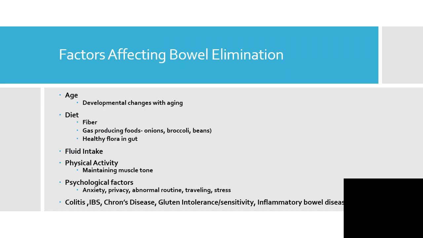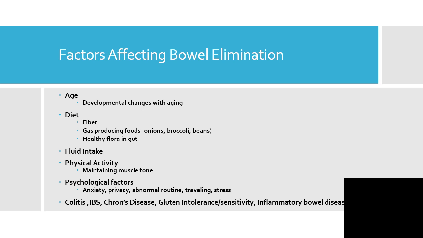Just like bladder function, there are many factors that affect bowel elimination: age and the developmental changes with aging, a patient or a person's diet, how much fiber is in their diet, do they eat a lot of gas-producing foods such as onions, broccoli, beans, do they have enough healthy flora in their gut, how is their fluid intake. Physical activity helps maintain muscle tone and increase peristalsis for digestion.